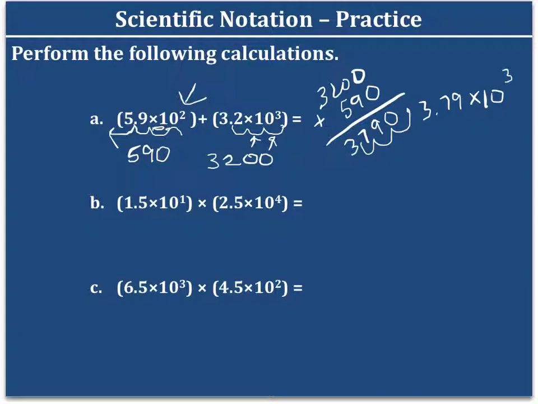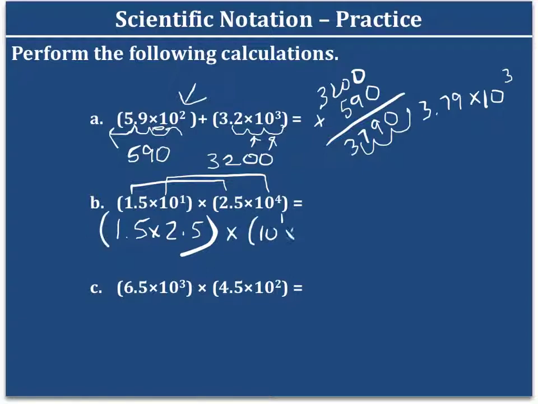Okay, B. So notice in B, everything is multiplied together. So we could combine this and we could combine this. So we could do 1.5 times 2.5 in one set of parentheses, and then 10 to the 1 times 10 to the 4 in a second set.